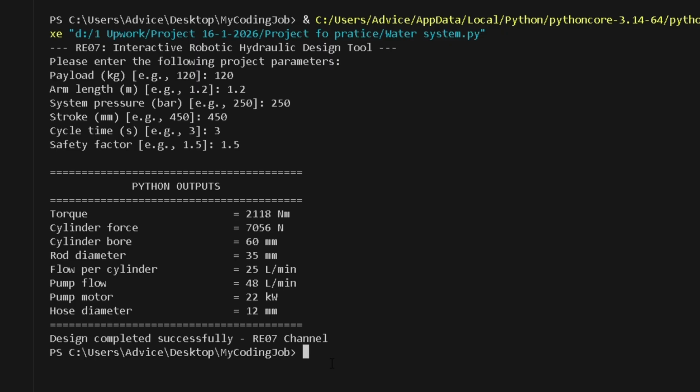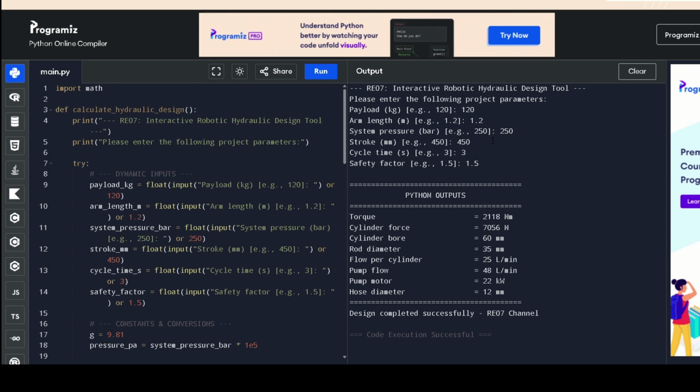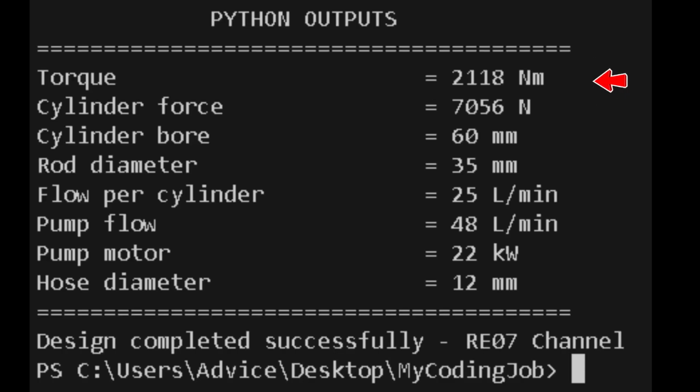Summary of Python outputs. After entering project inputs, Python automatically outputs: torque equals 2117 Nm. Cylinder force equals 7056 newtons. Cylinder bore equals 60 millimeters. Rod diameter equals 35 millimeters.